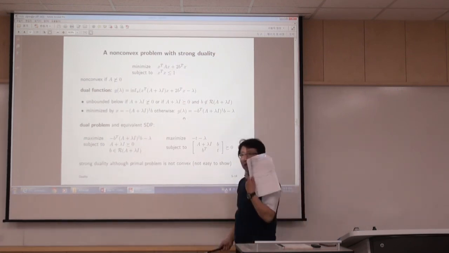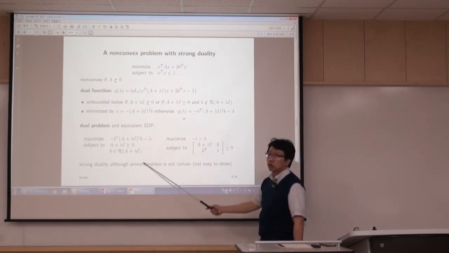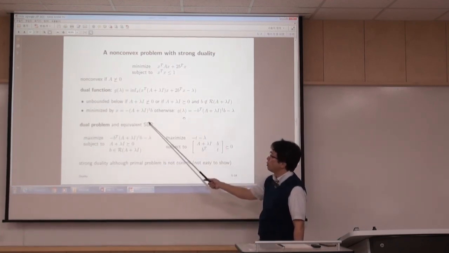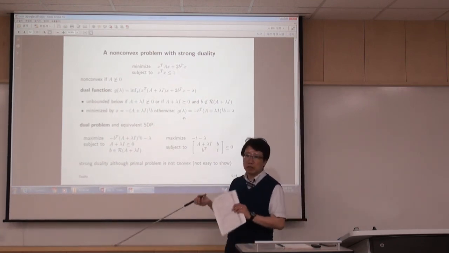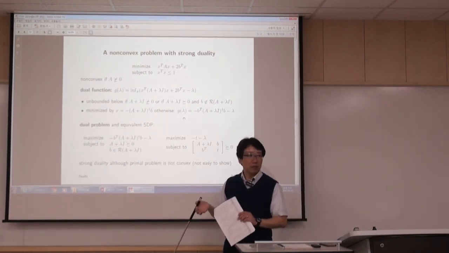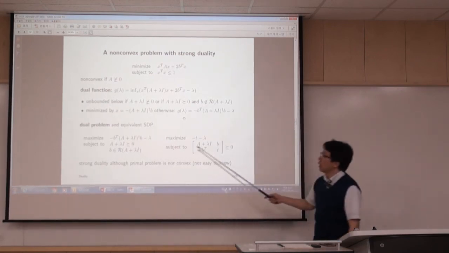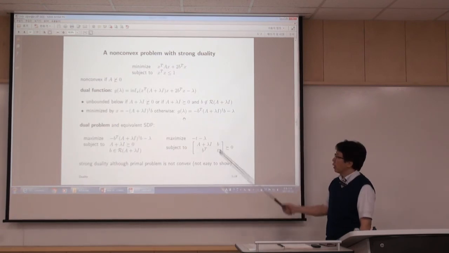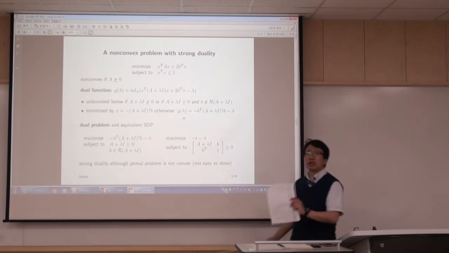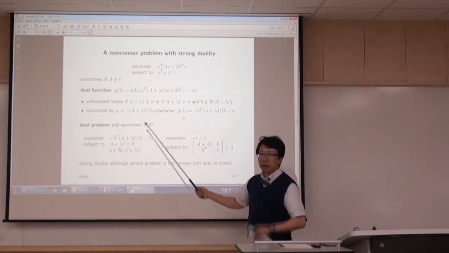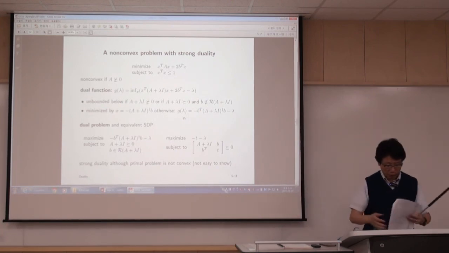Interestingly, even though I never mentioned it, this problem can be converted to an equivalent semi-definite programming problem. I haven't yet defined what a semi-definite programming problem is, but anyway, it can be converted to that one. And this can be numerically solved. Got it? Anyway, you will learn in a convex optimization course how to convert this problem to that one.